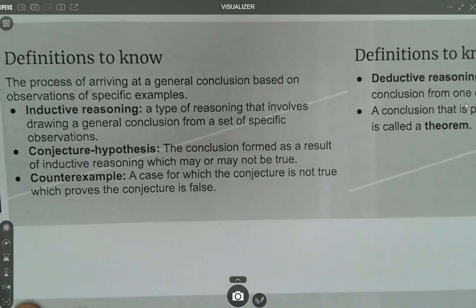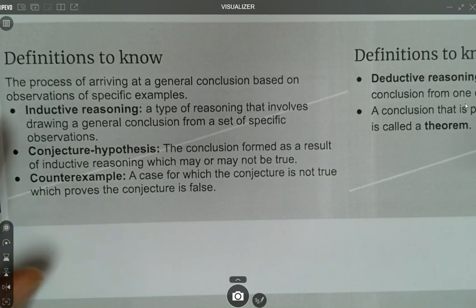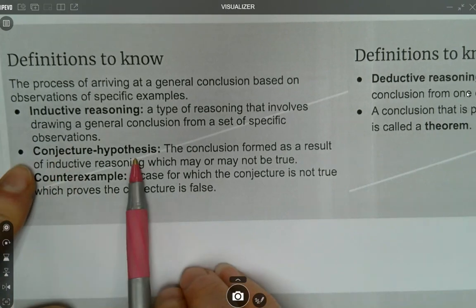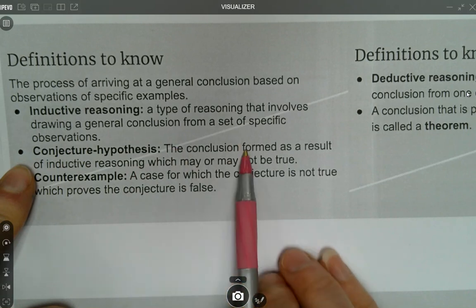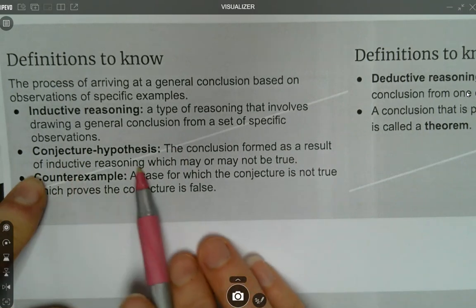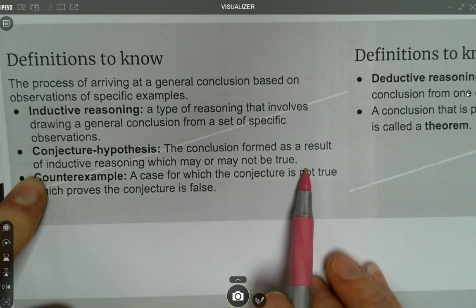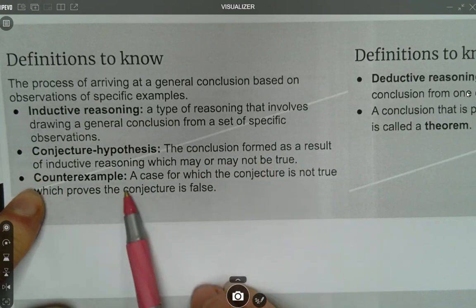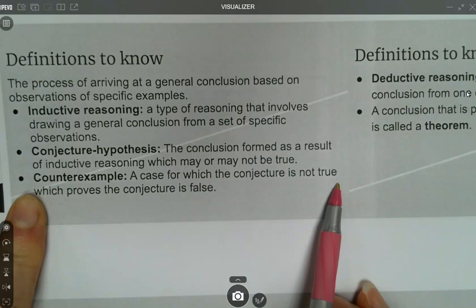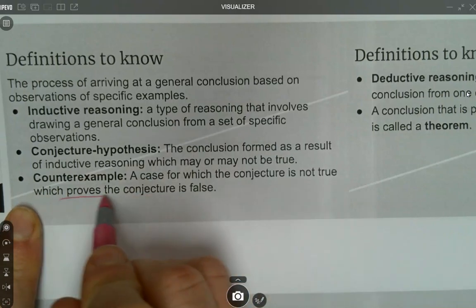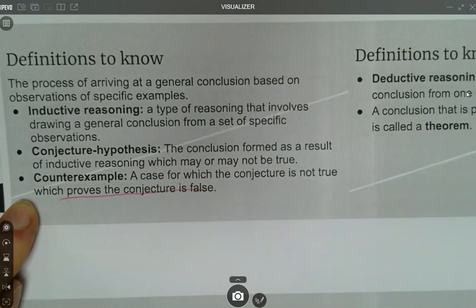So I could say, this class is cold, so effectively, this class is always cold. Conjecture or hypothesis: the conclusion formed as a result of inductive reasoning, which may or may not be true. Counterexample: a case in which the conjecture is not true, which proves that the conjecture is false.